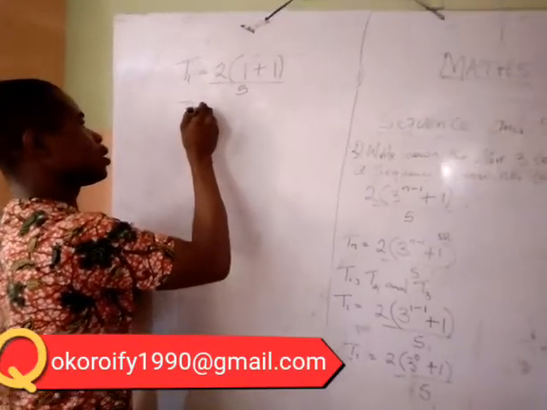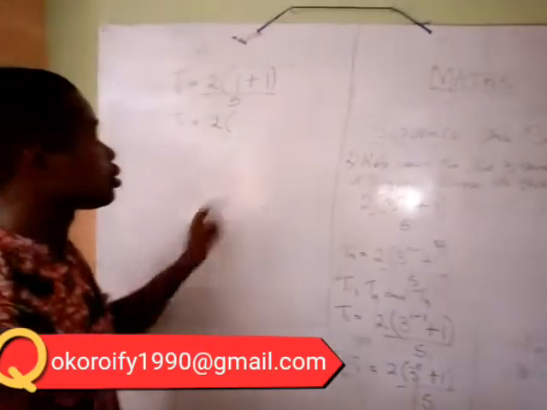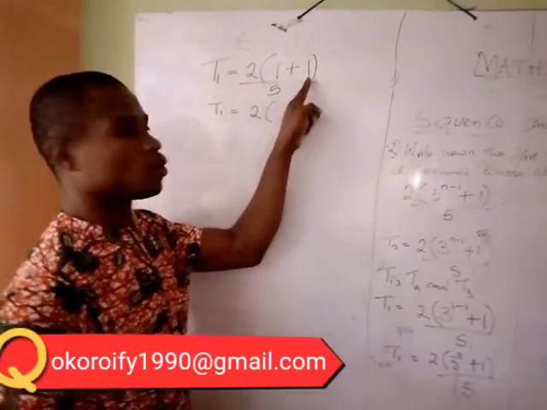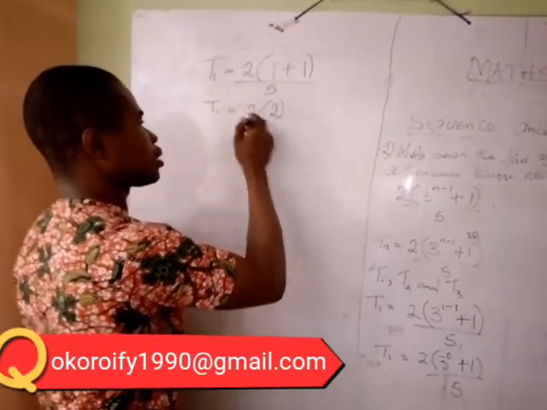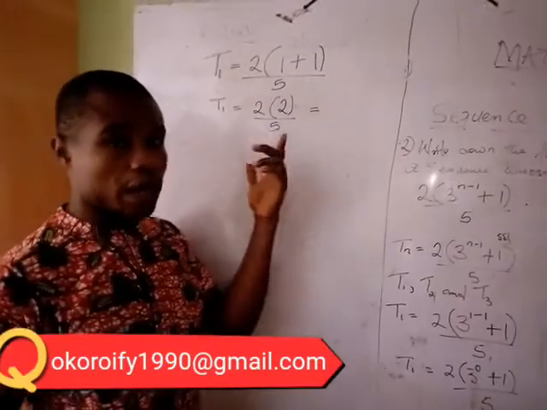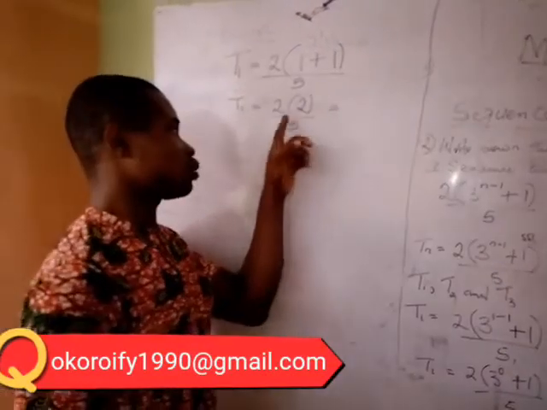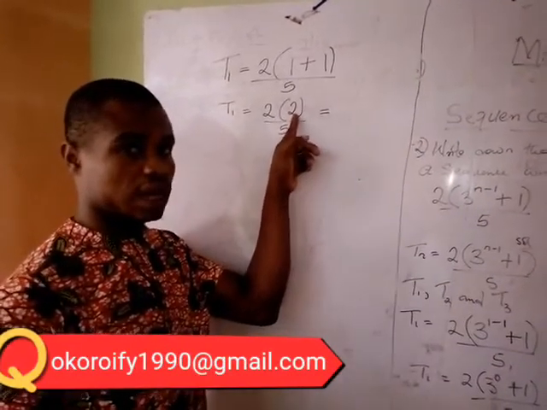Then your T1 will be equal to 2 in brackets. 1 plus 1 will give you 2 in the brackets, all divided by 5. Then equal to, you can open your bracket here by multiplication, because the bracket means times. So 2 times 2 inside the bracket.